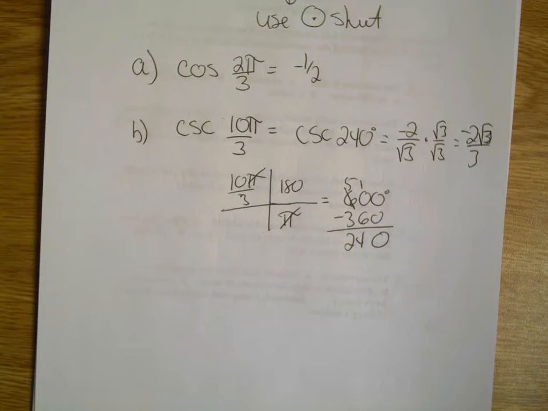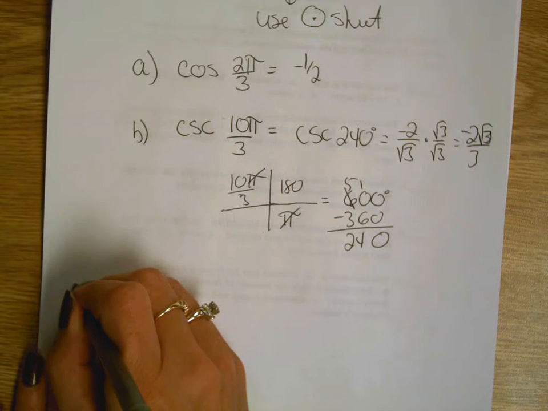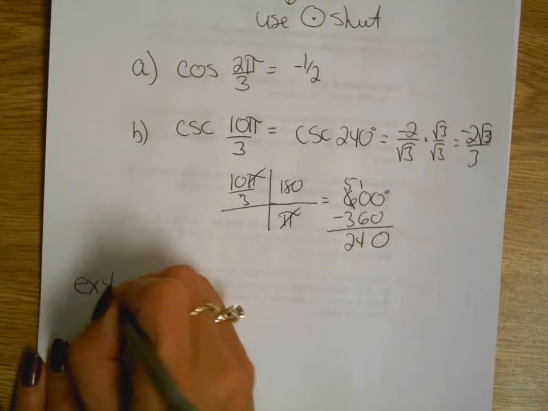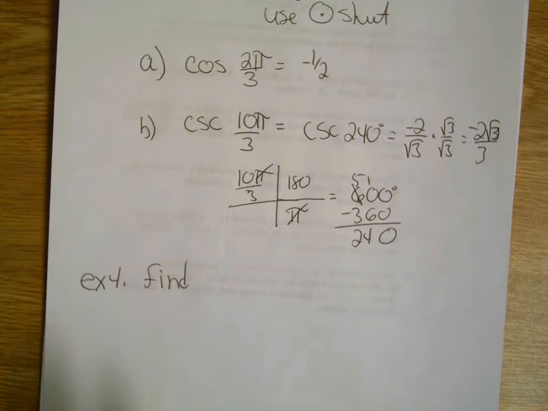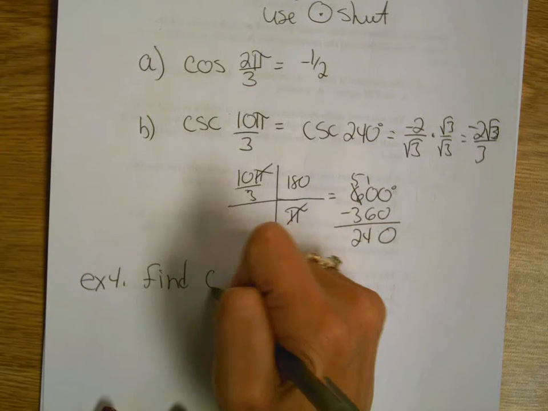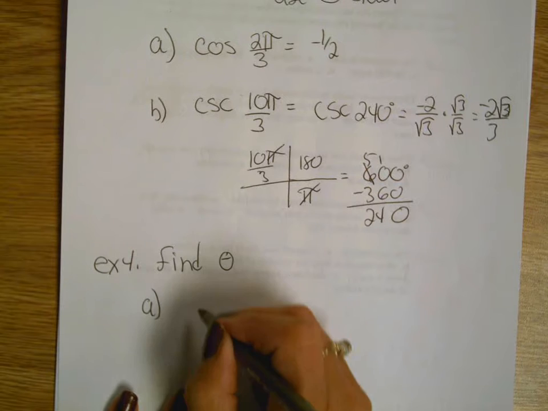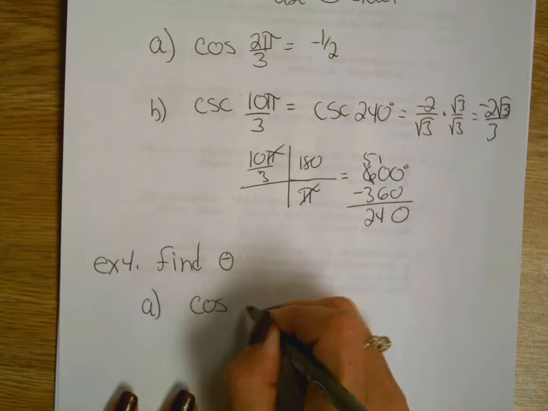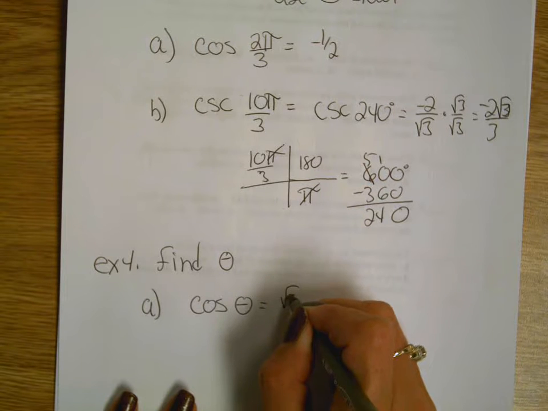Okay, then the last thing we have is still using the circle sheet, but it's finding the angle. Find angle. The cosine of some angle equals square root of 3 over 2.